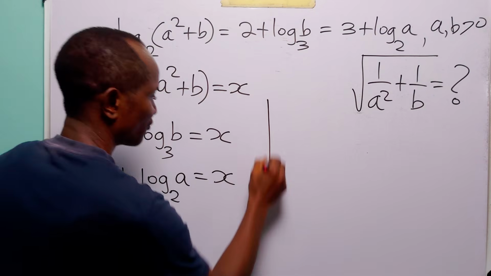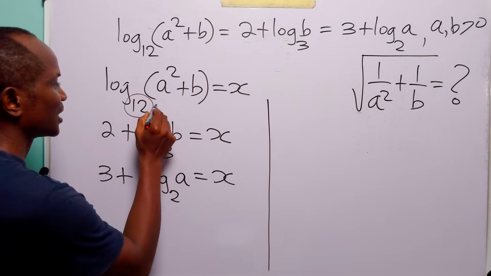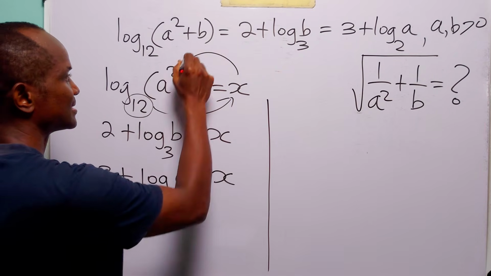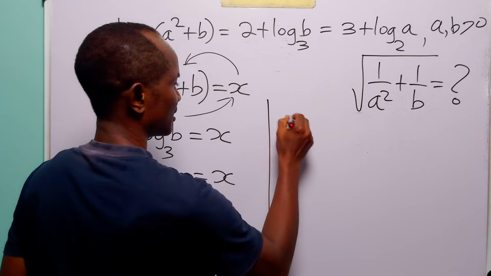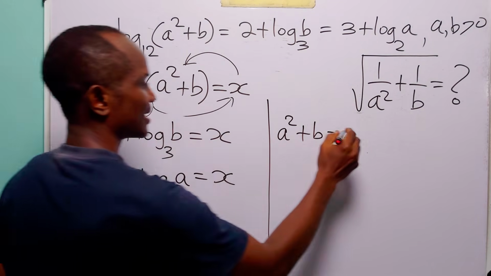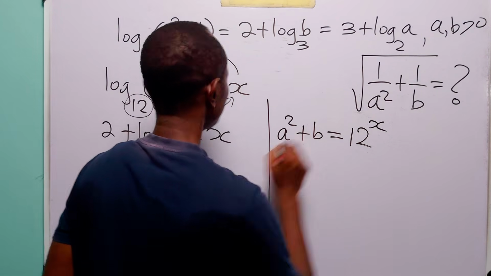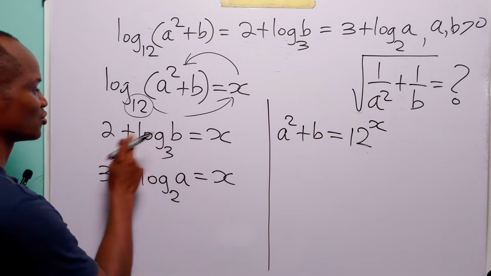Now, from this first statement, we have that 12 to the power x is equal to a squared plus b. That is, a squared plus b is equal to 12 to the power x. From this second equation, let us subtract 2 from both sides.